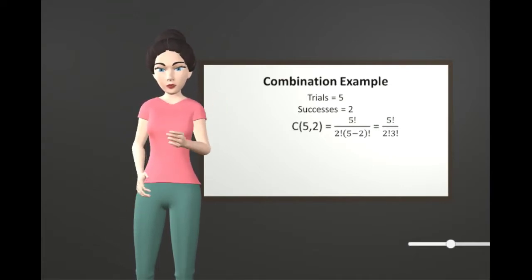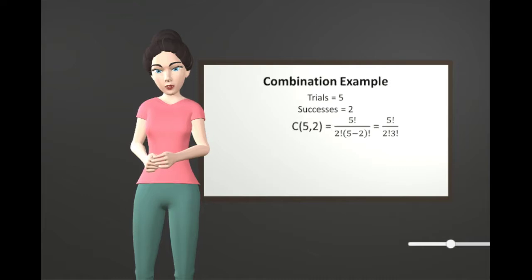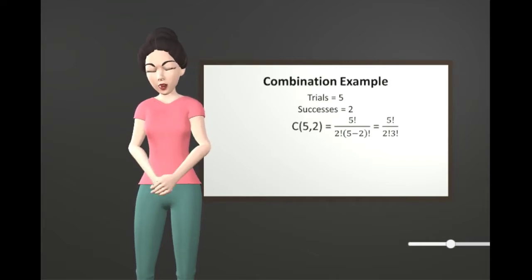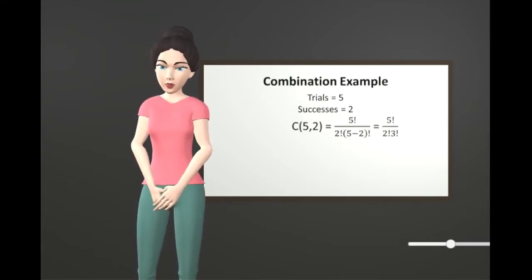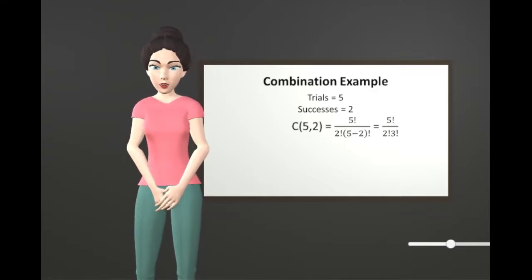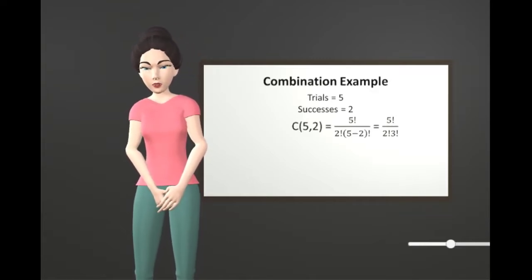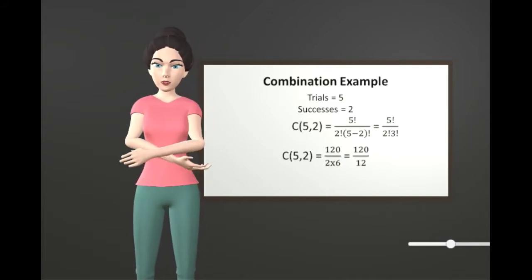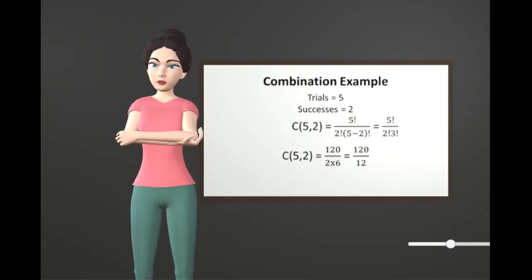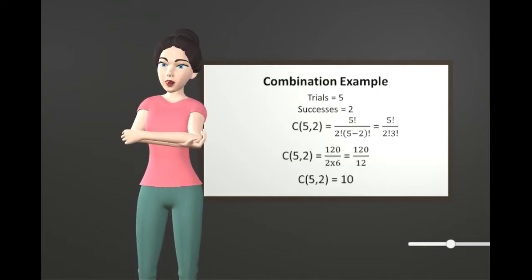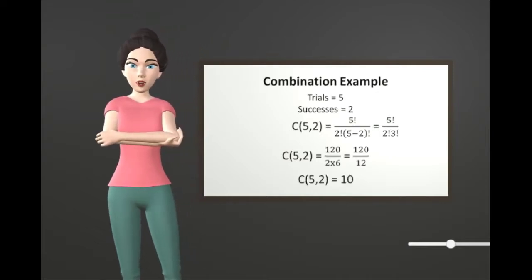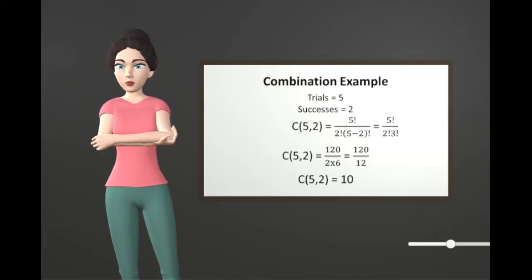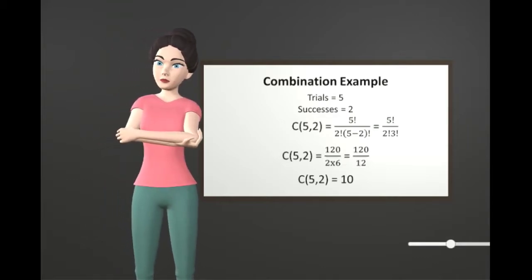Then we divide that by 2 factorial, which is 2 times 1, times 5 minus 2 factorial, or 3 factorial, which is 3 times 2 times 1. That gives us 120 divided by 12, which equals 10. This means there are 10 ways to get 2 successes in 5 trials.